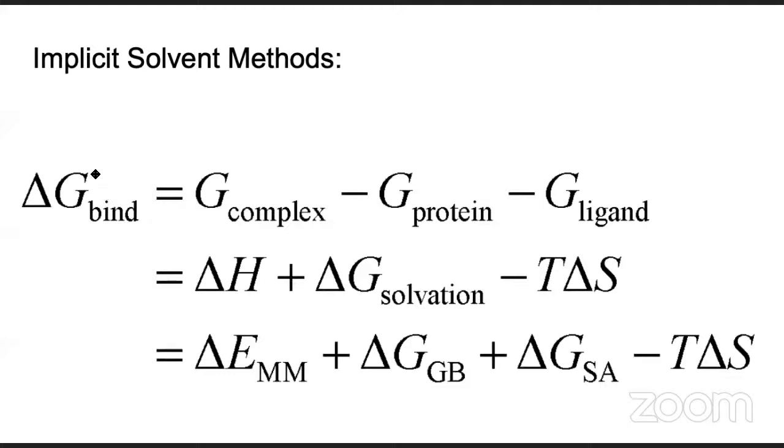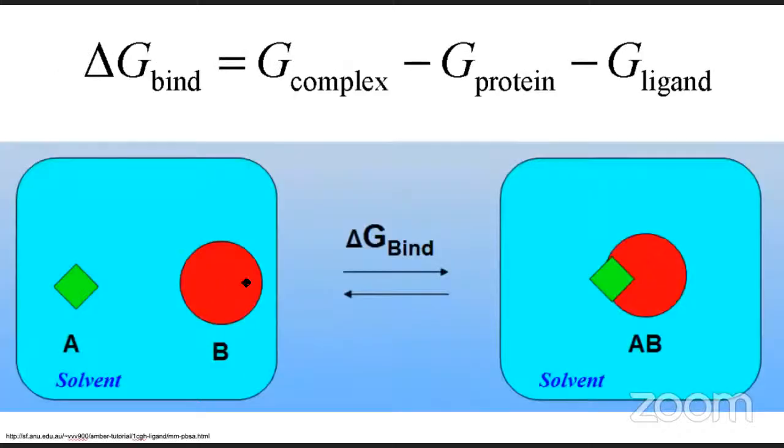Now, how will you get this? You will calculate the energy of the complex. You will calculate the energy of the protein. You will calculate the energy of the ligand. Now, why are you doing these three? Imagine you have the drug molecule or the ligand, which is shown in green here, and the protein, which is shown in red, and the water around it shown in blue.